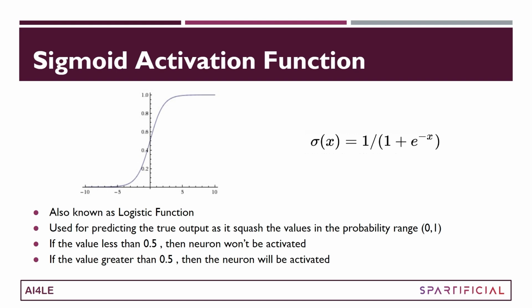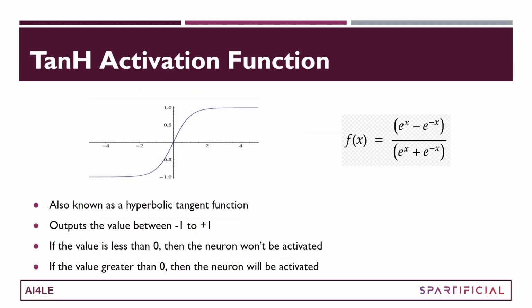Similarly, the tanh activation function is also known as the hyperbolic tangent function. Mathematically, this is how it's going to look, and graphically, that's how it's going to look. This time, the output values are squeezed between -1 and +1. And again, it can take all the inputs from negative infinity all the way up to positive infinity. Now here, the threshold is set to the value of 0, not 0.5.